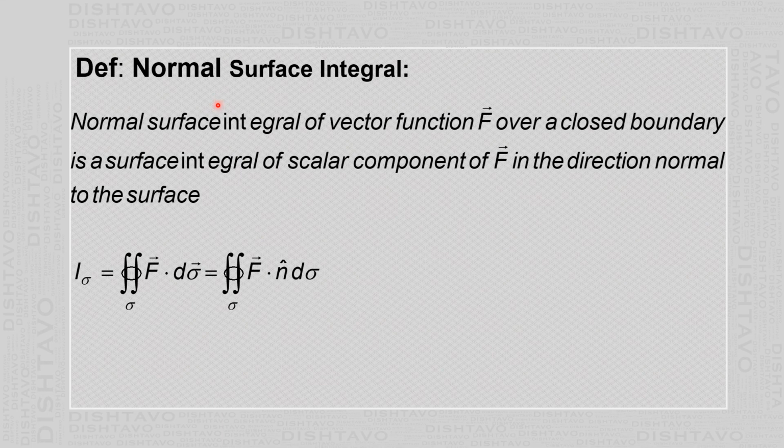The definition of this normal surface integral is similar to that of the line integral, only here since it is a surface integral, a double integral is there, and the increment here is vector d sigma. Then this vector d sigma is written as its unit vector into d sigma, and the unit vector is written as n cap. The symbol n is used because the direction of this unit vector of the area vector is perpendicular, that is normal, to the surface area.